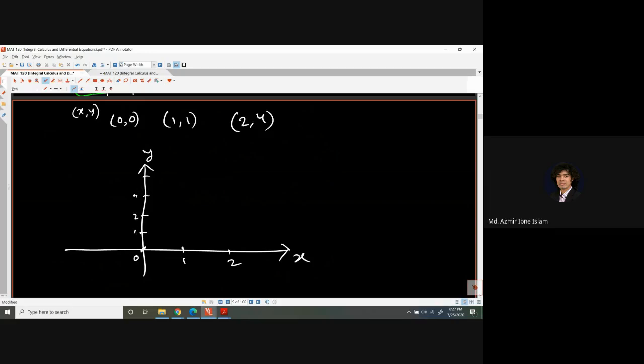Let's look at the first point, 0, 0, which is obviously the origin. Then the point 1, 1, so 1 and 1. Then 2, 4. It is 2 along x, and you can see this distance is 4. So here we have 4. Now we can join all the points.